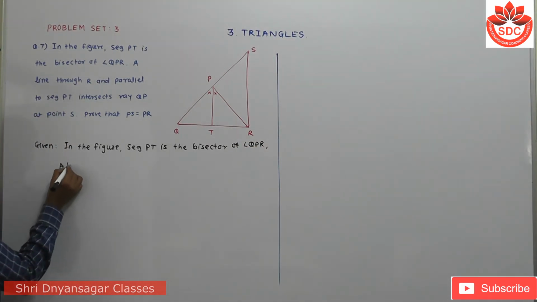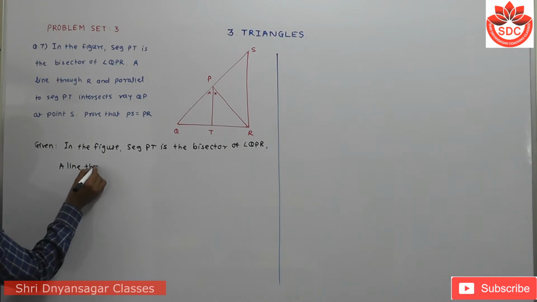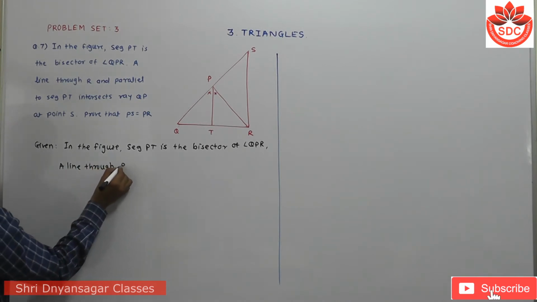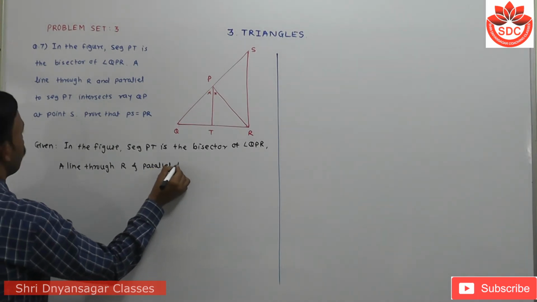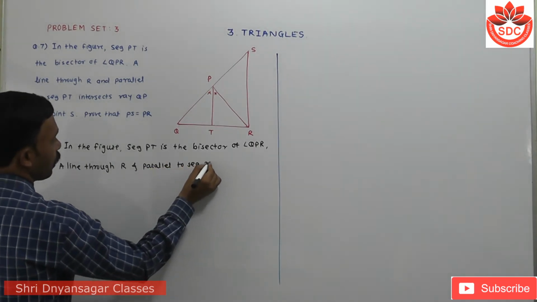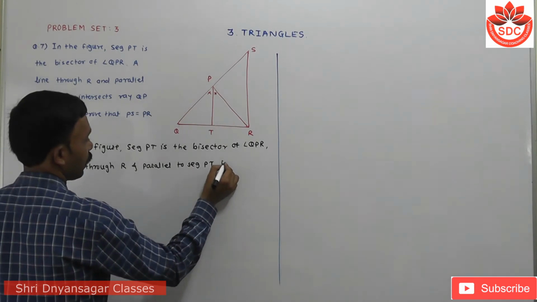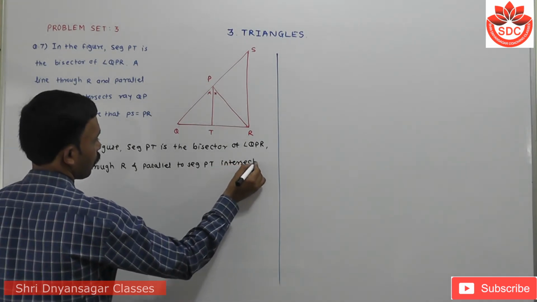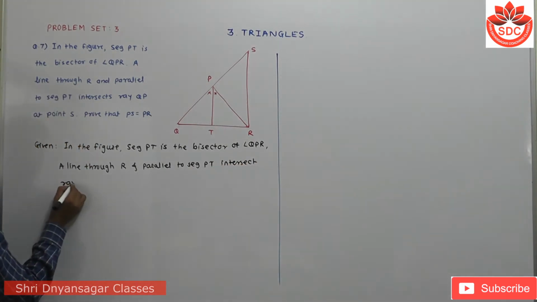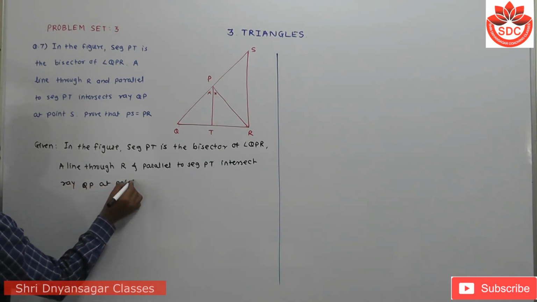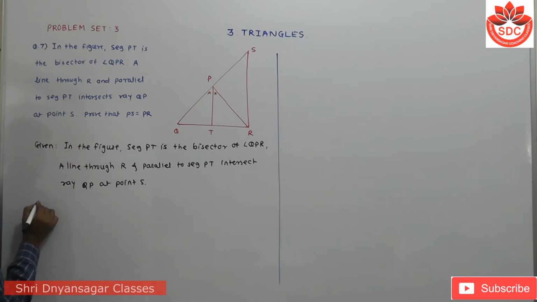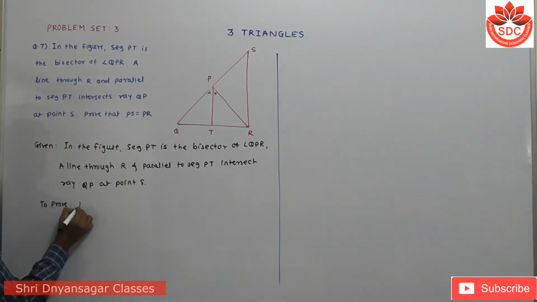A line through point R and parallel to segment PT intersects ray QP at point S. Up to this is given. Then to prove, this PS is equal to PR.